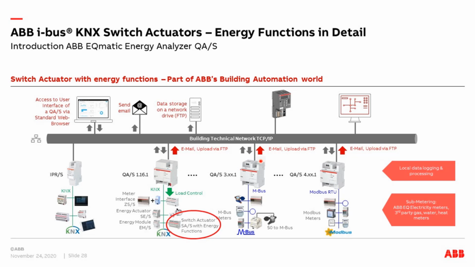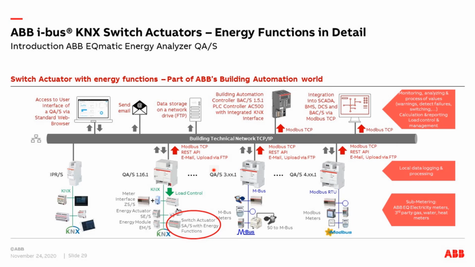All three analyzers send the meter values via email to some email recipients or upload them to an FTP server. This is a basic function in all three devices. But what else? All three energy analyzers can also provide the data via Modbus TCP or via REST API, independent of which device it is and which protocol it works with.